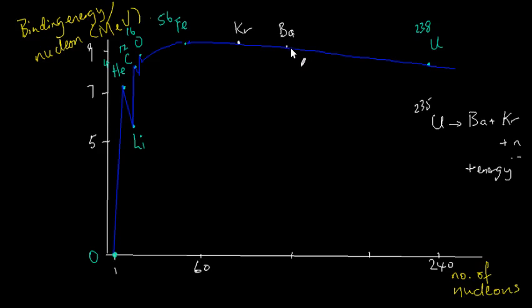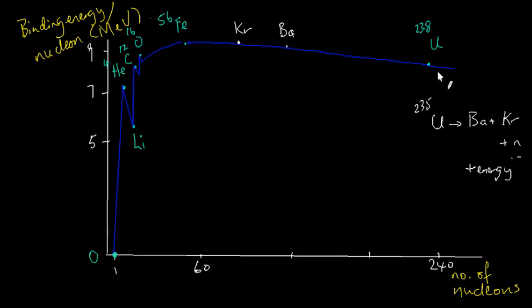Now if you remember that the binding energy has an opposite sign to the potential energy from what we have seen in, I think, maybe 2 or 3 videos ago, you will understand that it means that energy has to be given out. This energy given out happens because the neutrons and protons in barium and krypton have lower potential energy and therefore higher binding energy than the neutrons and protons in uranium.